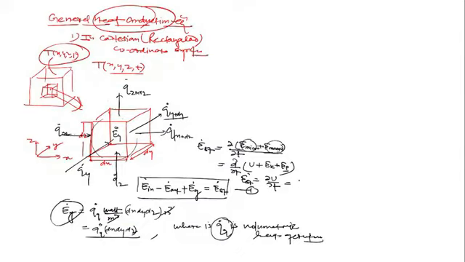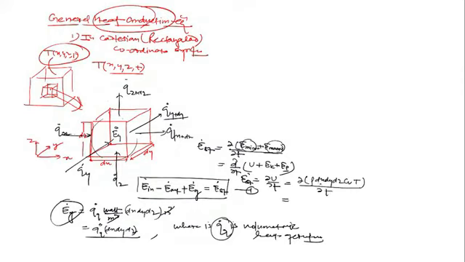So in general you should write here del u, this should be m Cv del T. So what is mass? Volume and density. So it's rho, volume is dx dy dz, this is mass, into Cv into del T upon del t.